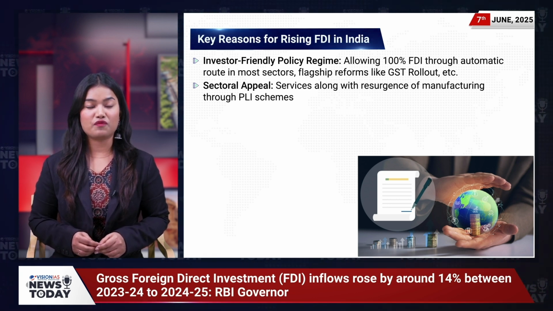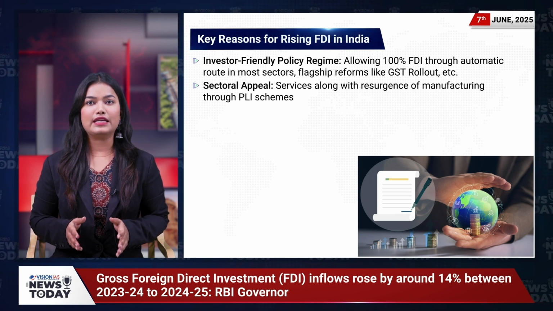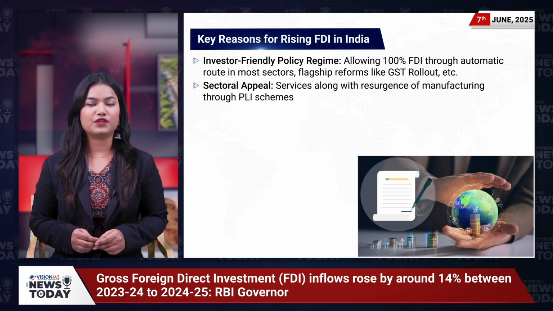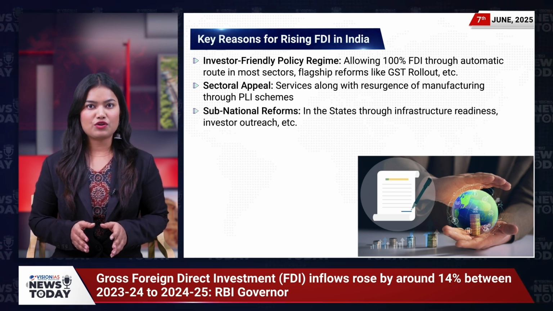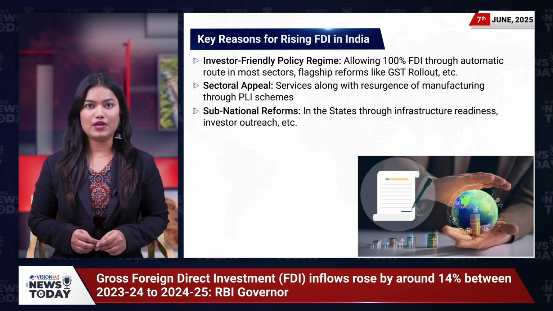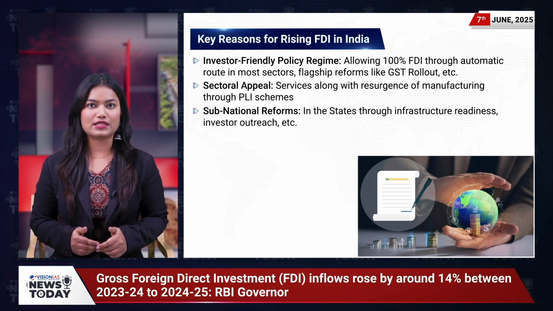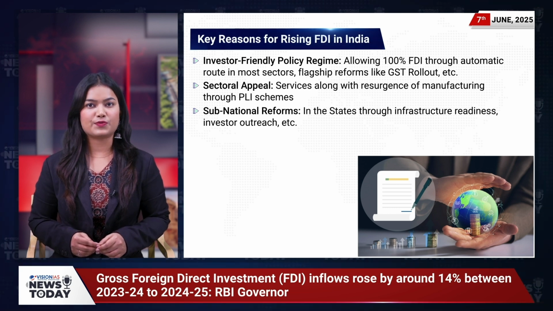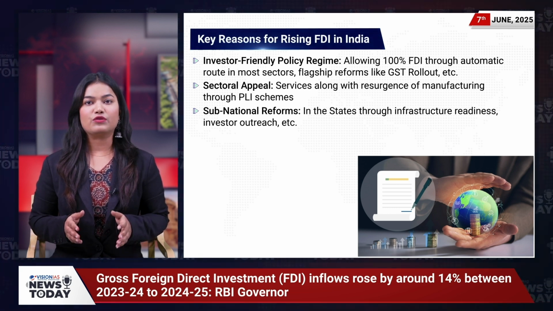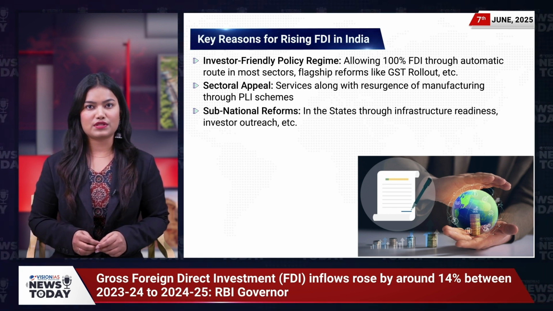The resurgence of manufacturing through production-linked incentive schemes has added further momentum. Subnational reforms have also played a major role as states across the country have enhanced infrastructure readiness, strengthened investor outreach programs, and brought in critical industrial policy reforms.